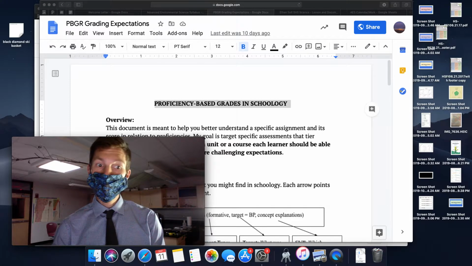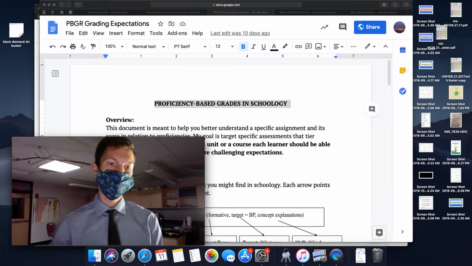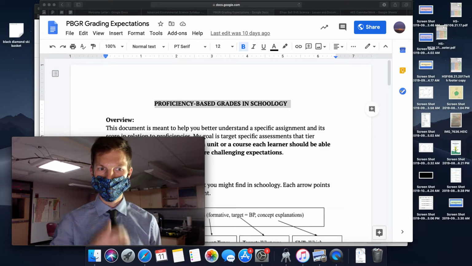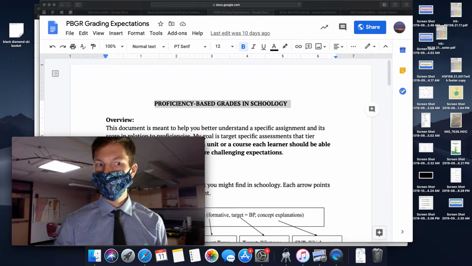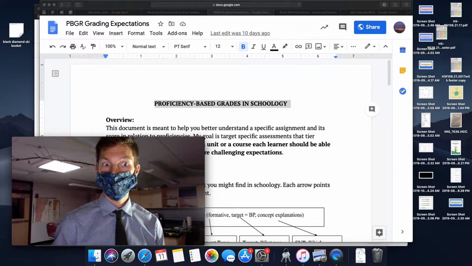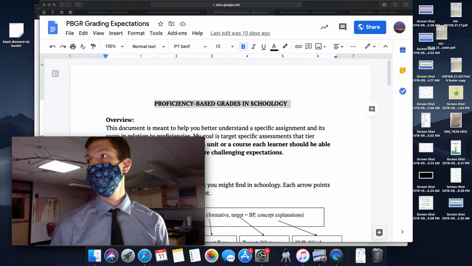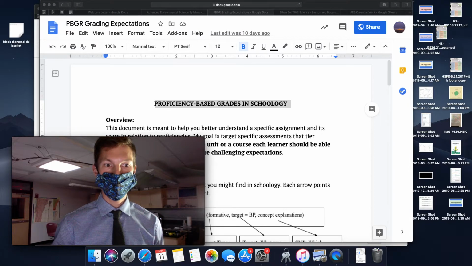So as a result, most formatives are going to be early to mid throughout the unit, and they'll likely have low-level targets. A student getting a BP on an assignment with a target of BP is not a bad thing. That means that they are approaching the skills, the content, and the knowledge to become proficient, which would then be reflected on their report card.